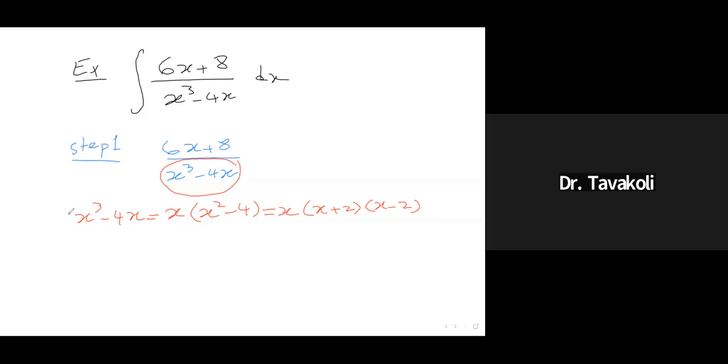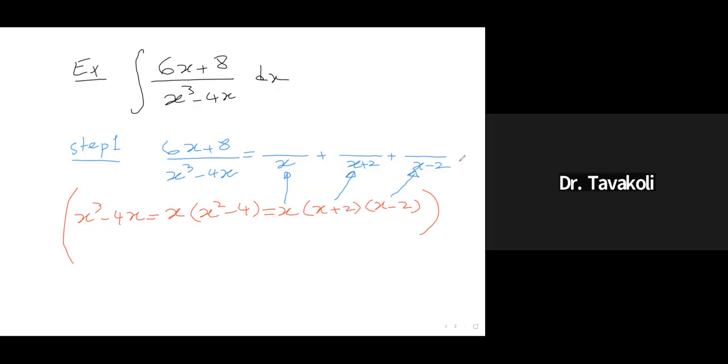So knowing this, we can break down this fraction into the sum of three fractions. One of them with the denominator of x, one of them with the denominator of x plus 2, and one of them with the denominator of x minus 2.